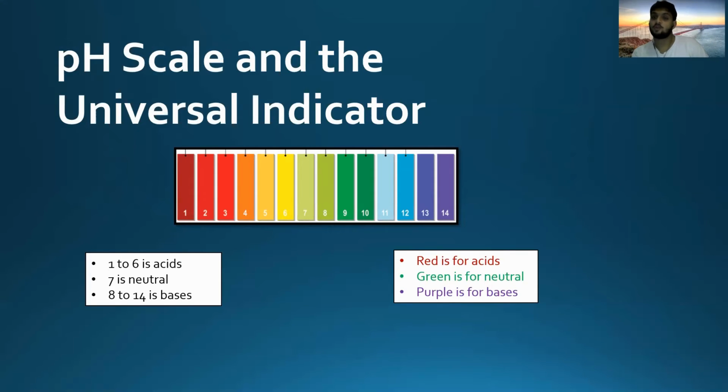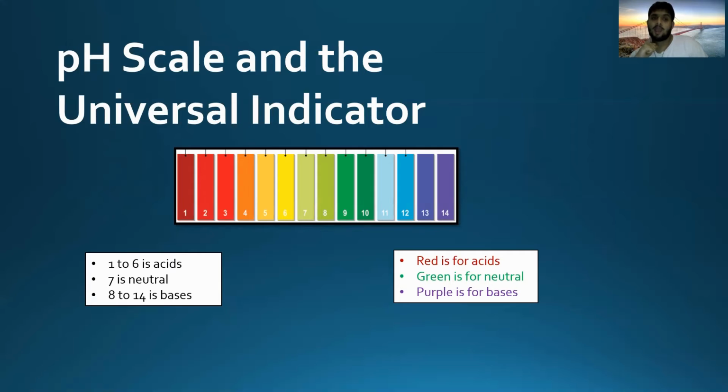Water is an example of a neutral substance. So 7 is neutral, and 8 to 14 are bases. 1 to 6 are acids, 7 is neutral, 8 to 14 are bases. In 1 to 6 you will find sulfuric acid, citric acid, and all those. For neutral, the best example is water. While for bases, you will find all those metal carbonates, metal bicarbonates, hydroxides and oxides.